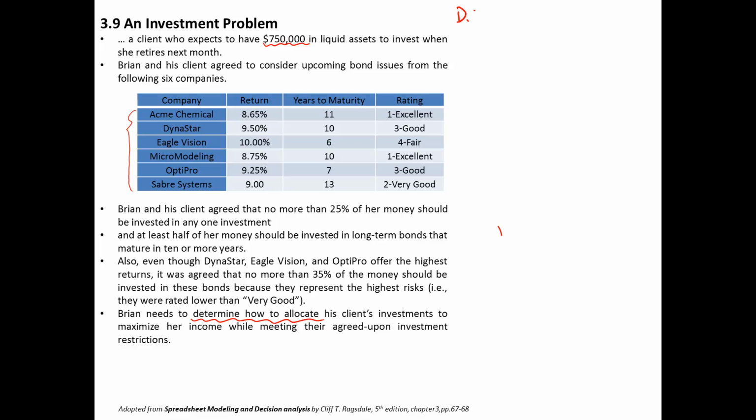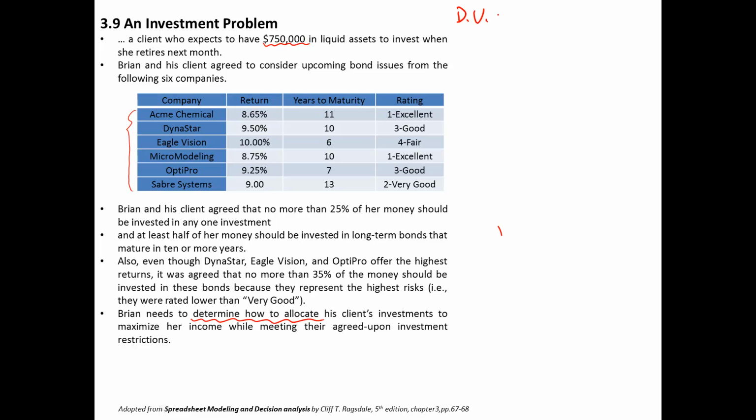So our decision variables will be, we need 6 decision variables representing the amount of money invested in these 6 bonds. Okay, we can use x1 through x6, but also we can just use the first letter of each bond issue to represent the amount of money. That makes it easier and more meaningful.